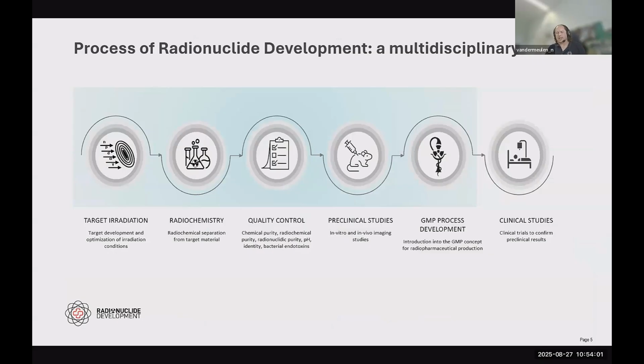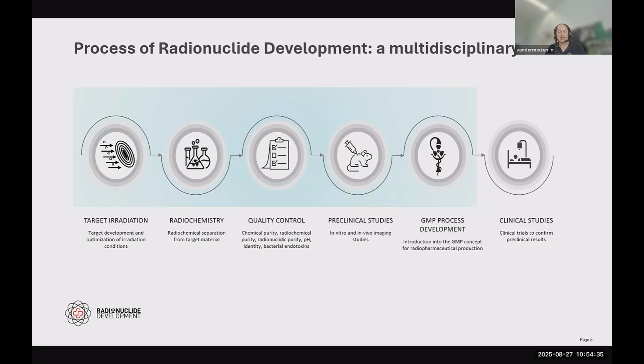To be able to go along and get these nuclides out through to clinical application, one has to start from scratch. It requires a great deal of collaboration, because it's a multidisciplinary affair. Each one of us has our own areas of expertise. So when it comes to target irradiation and irradiation capabilities, we focus very much on the accelerator physicists that will be able to assist us to optimize our irradiation capabilities.